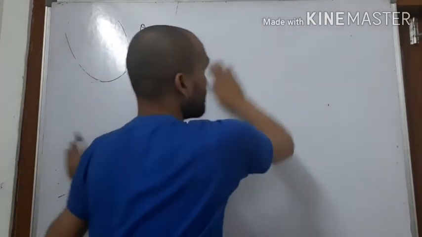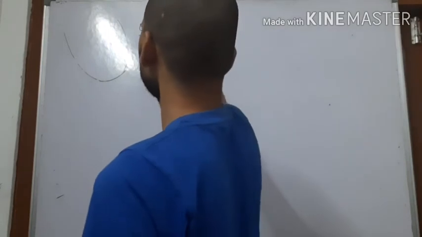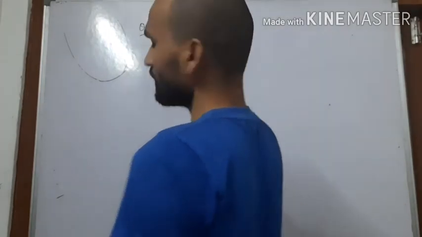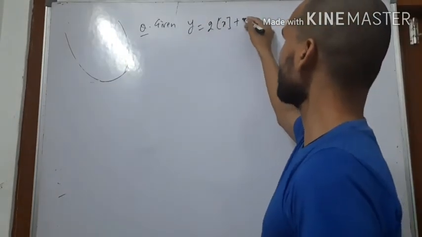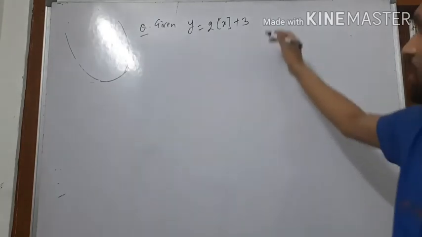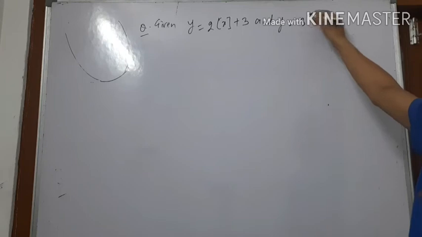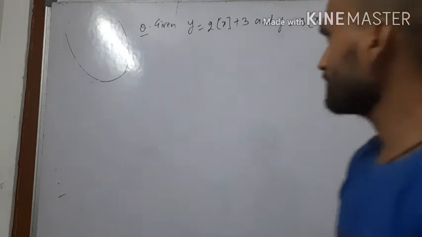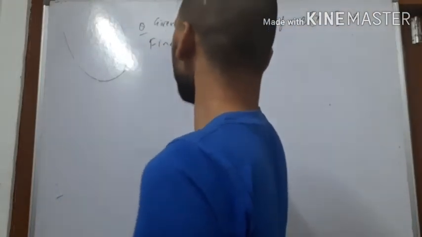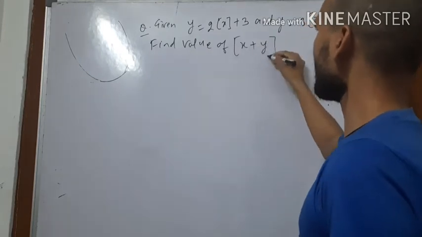So our next question is: given y equal to 2 greatest integer x plus 3, and also y is equal to 3 greatest integer x minus 2 plus 5, then find the value of greatest integer x plus y.